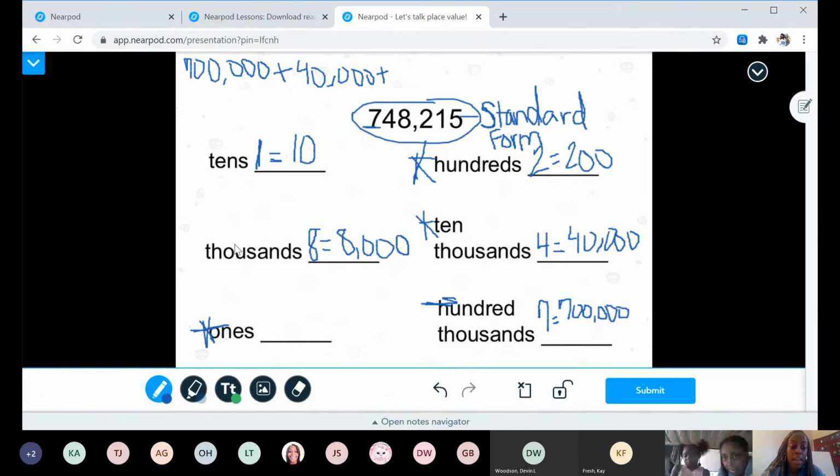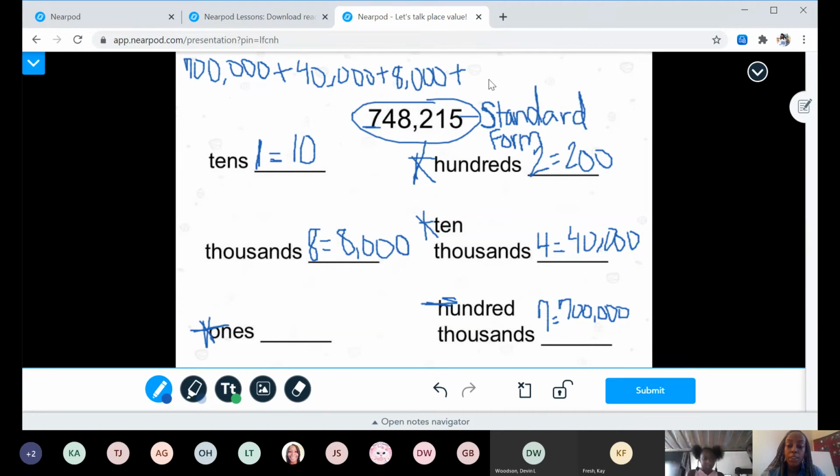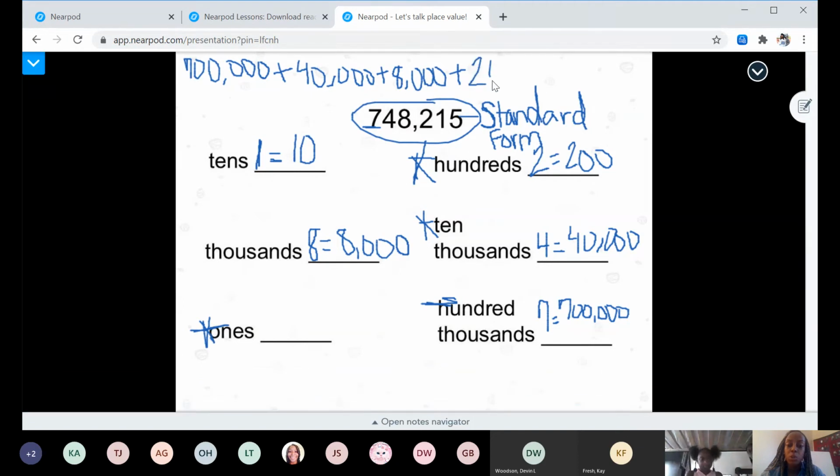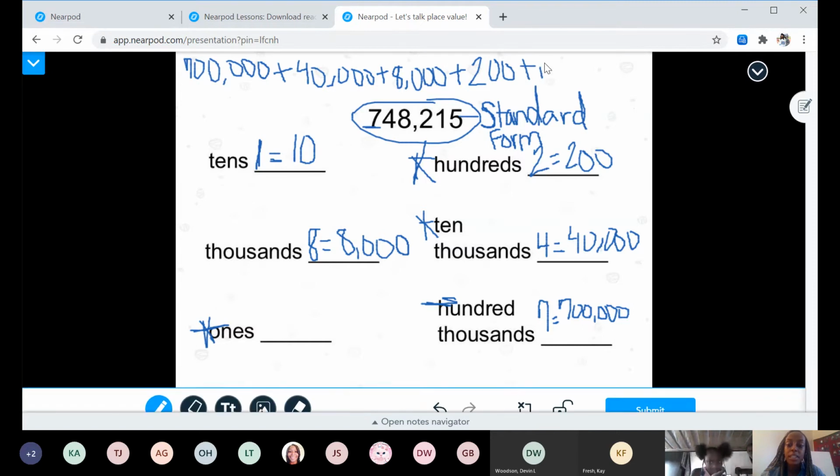Next, remember we wrote that the 8, which was in the thousands place, was worth 8,000. And then we had our 2, which Devin told us was worth 200. We have that 1 that is in the tens place and it's worth 10.